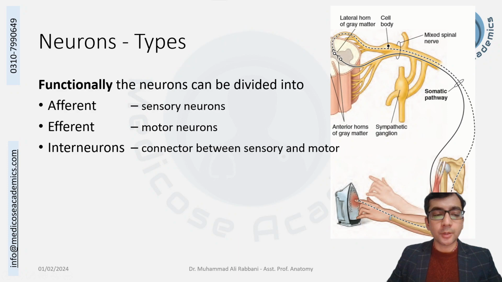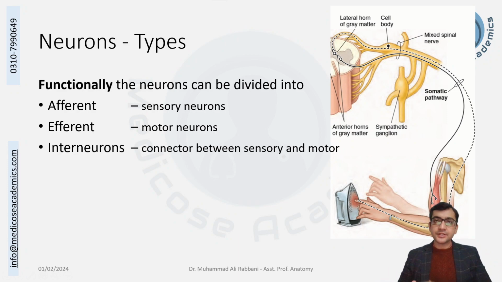Now let us talk about the types of neurons on the basis of their function. This is the basic division that we just discussed with the divisions of the nervous system, basically in the direction of the nerve impulse being moved. All the nerve fibers that are moving the impulse away from the central nervous system are called motor or efferent nerves.